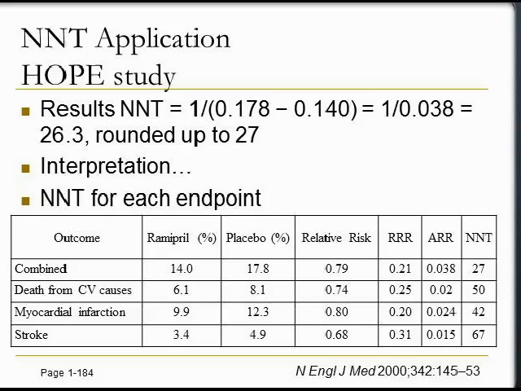Shows the fact that we need to treat 27 people to observe a reduction of one of these combined events. Okay, you can go through this at home. The absolute risk reductions are shown, and the number needed to treat are shown for each of the different components of this combined endpoint.